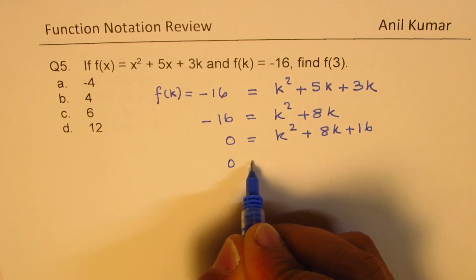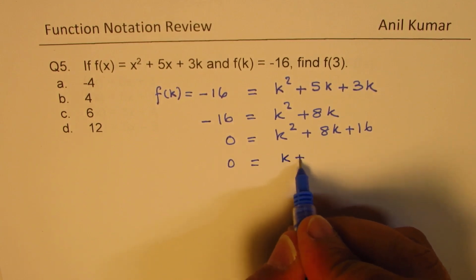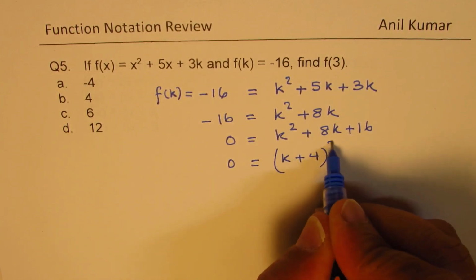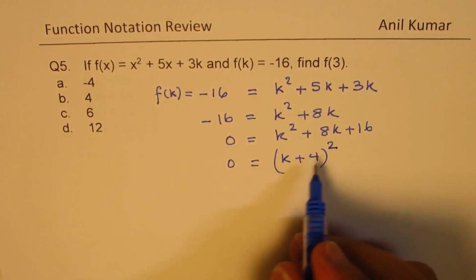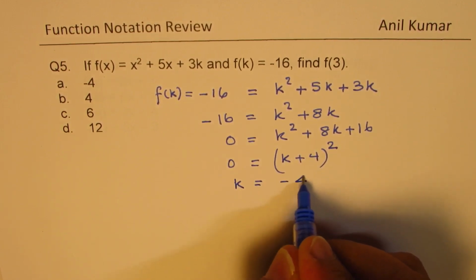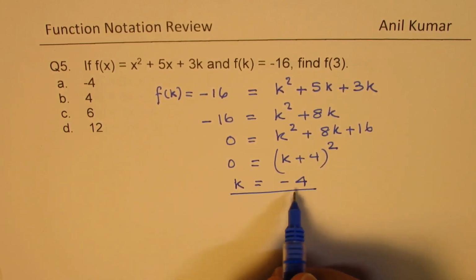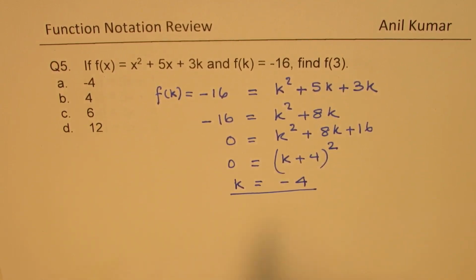So from here, we could actually factor, it is a perfect square, so we could write this as (k plus 4) whole squared, right? So that really means that k should be equal to minus 4. Only then you get 0 here. So we first find the value of k, which is minus 4.